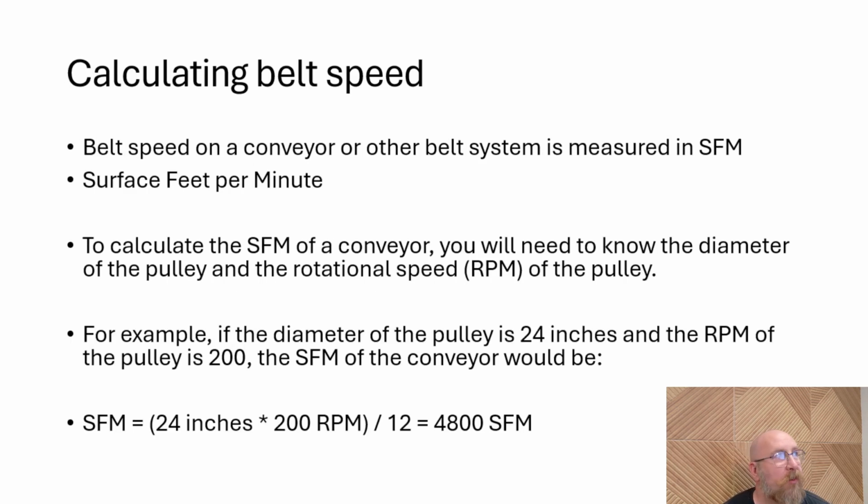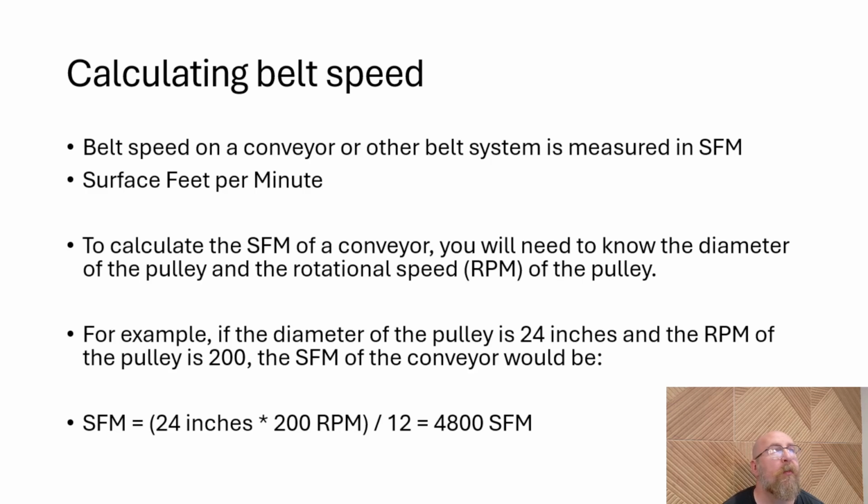All right, so if we calculate the belts, calculating belt speed is an important thing here. We're going to be working with conveyors in this class. So a conveyor belt is really just a belt drive system, right? If we're talking about a conveyor belt, we're talking about something that is measured in surface feet per minute.